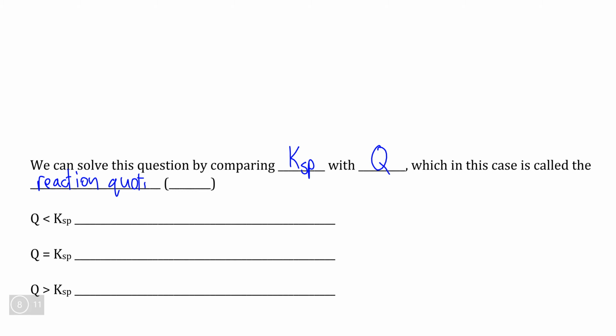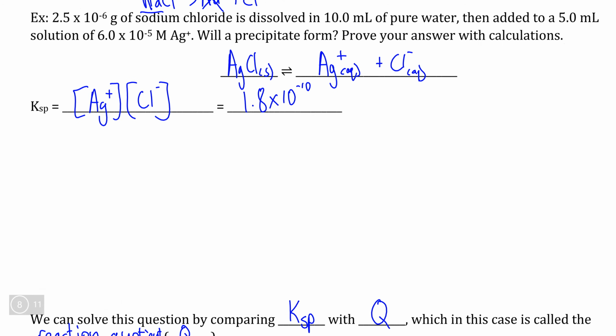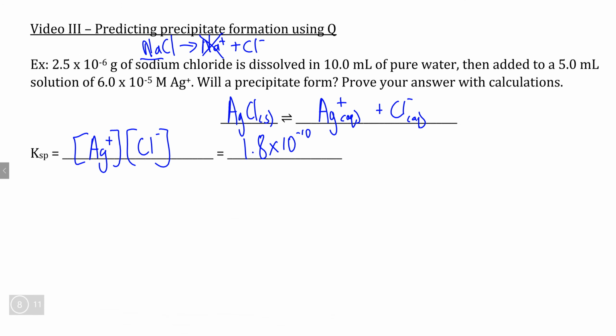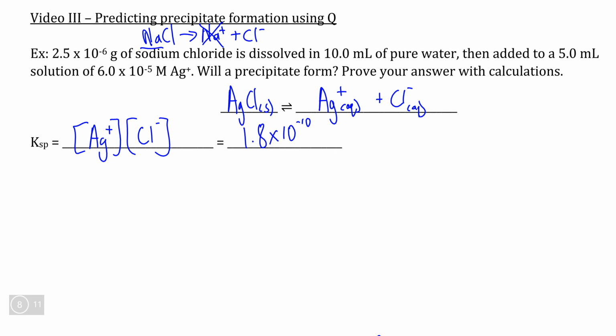And remember that the reaction quotient, which again we use the variable Q, is meant as a KSP calculation, but where we don't know whether our concentrations are at equilibrium or not. So what we're trying to find out is how our concentrations of silver and chloride ions compare to KSP and how we can use this information to predict whether a precipitate is going to form.